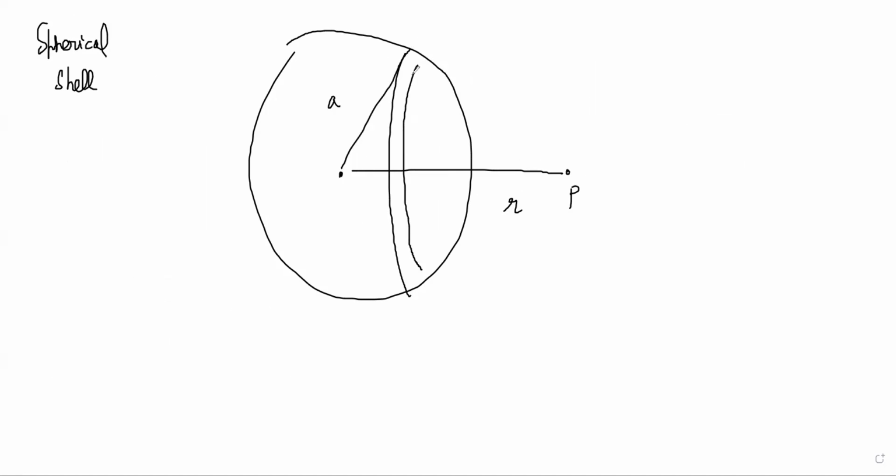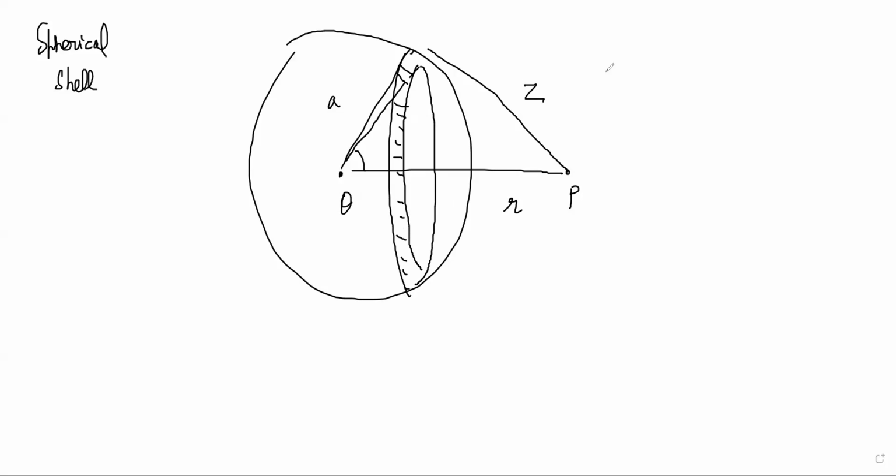The angles are theta and theta plus d theta, right? This distance is z. This angle is theta, correct? So literally everything is the same. The formula for field will be the ring formula that we have. Field due to this ring at a point P.